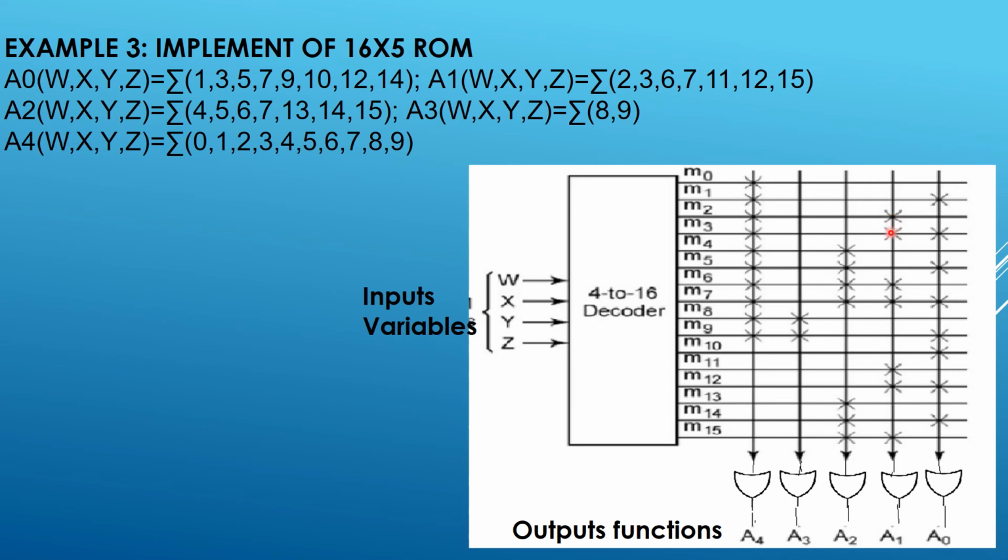A1 is going to be 2, 3, 6, 7, 11, 12, 15. So you can produce the summation of A1. Similarly, A2, A3 and A4. All these X indicate the programmable connections. Output functions are nothing but a sum of the minterms produced at the output of the AND gates.